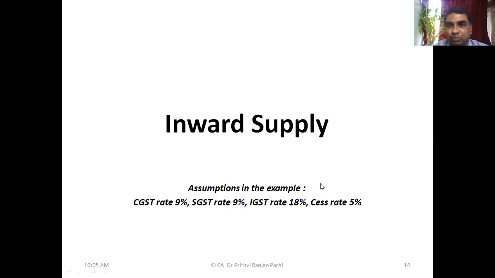And for these examples which we are going to take, we have taken some standard assumptions. The CGST rate is 9%, SGST rate is 9%, IGST rate is 18%, and cess is 5%. And the base value is always taken as 100. On that basis, we'll be doing some entries, so try to understand.